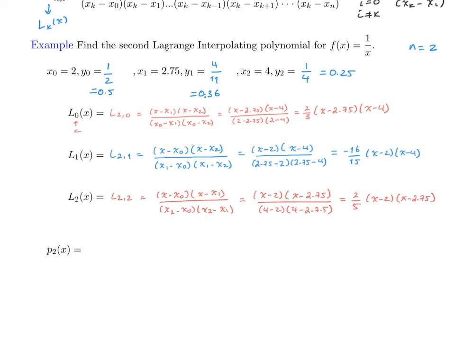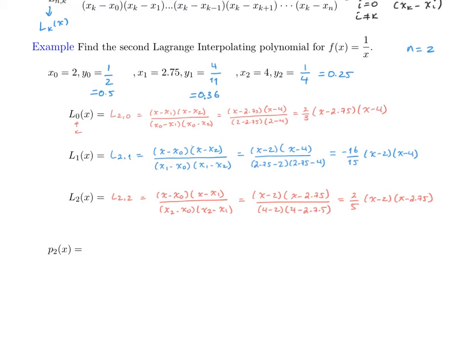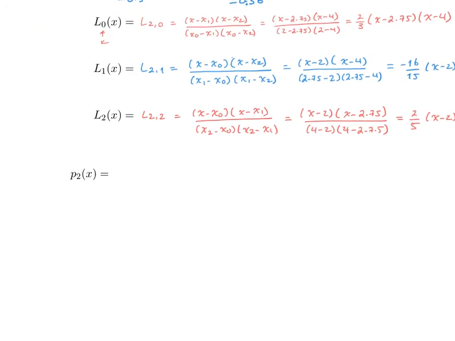All right, once you found L0, L1, L2, then you can write the polynomial. Remember, we're trying to find a second degree polynomial that approximates 1 over x, and in sigma notation, this is the sum from k equals 0 to 2 of f of xk times Lk of x.